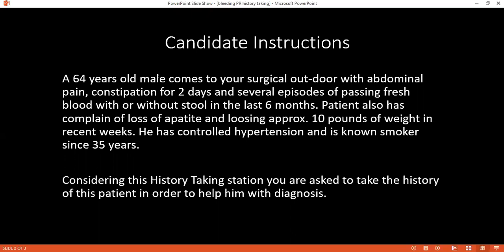Oh, doctor, I don't eat anything like usual. I have almost lost my appetite. Okay. Do you have any vomiting? No, doctor. Do you have any upper abdominal pain, indigestion, dyspepsia? No, doctor. No acidity.